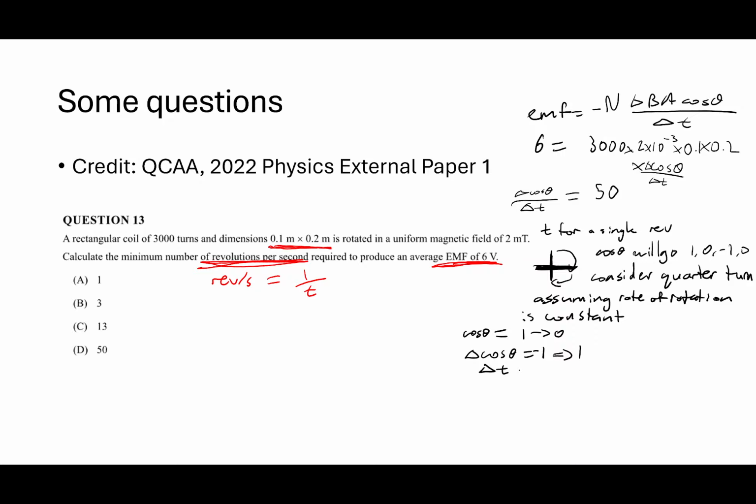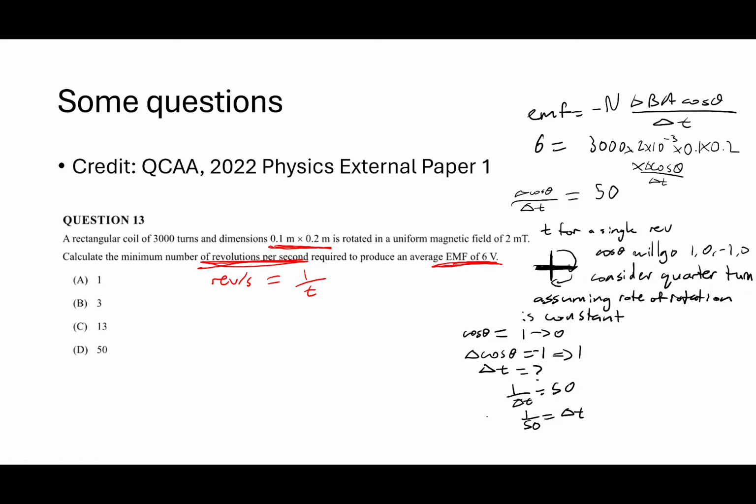Now, delta time, we don't know. We don't know delta t. So let's go 1 over delta t equals 50. So 1 over 50 equals delta t. So that's for a quarter of a turn.